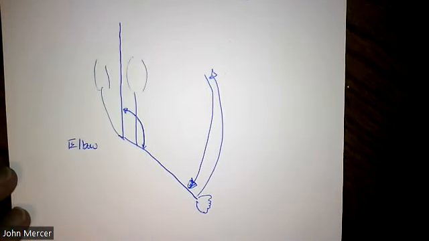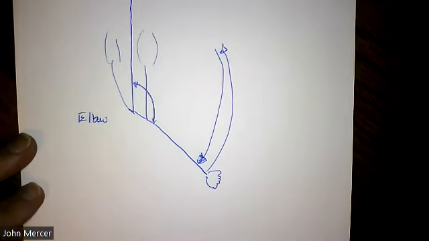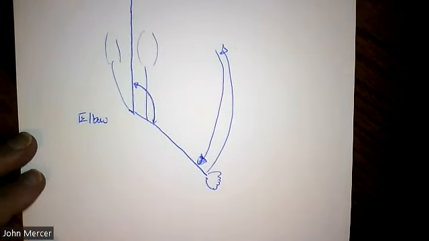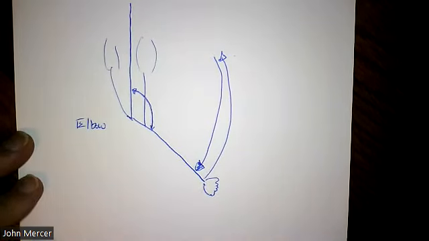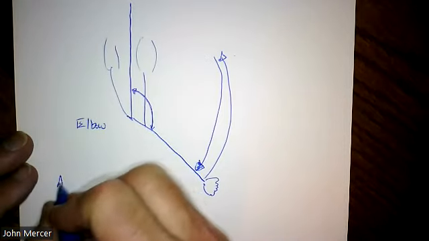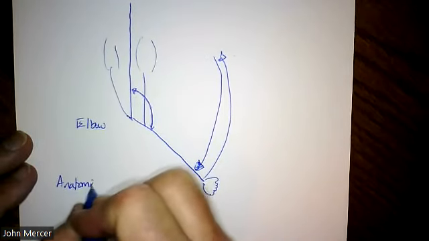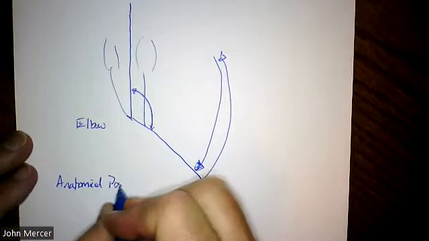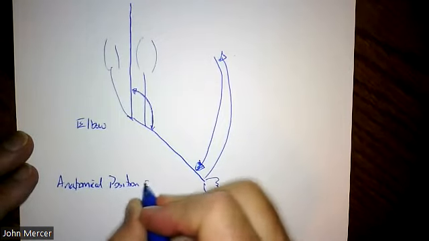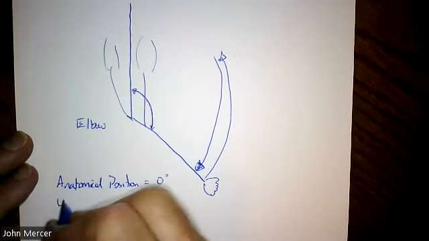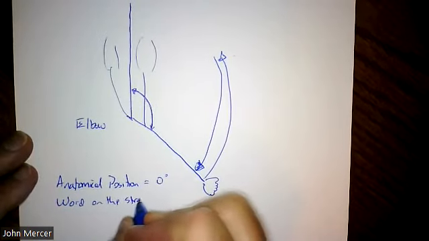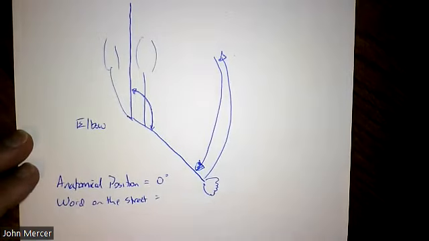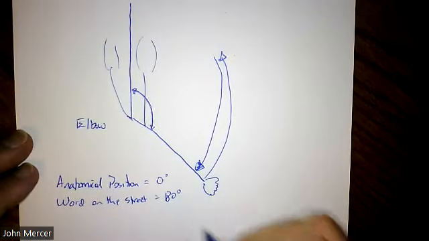So remember, the first thing we need to do is settle on what our reference frame is and where we're 0 degrees. And remember, we have anatomical position set to 0, or we have word on the street where anatomical position would be 180 degrees.